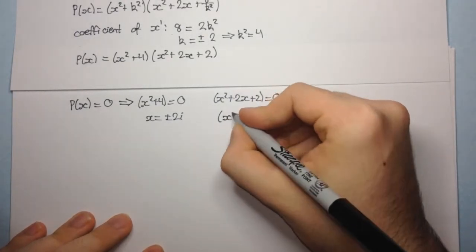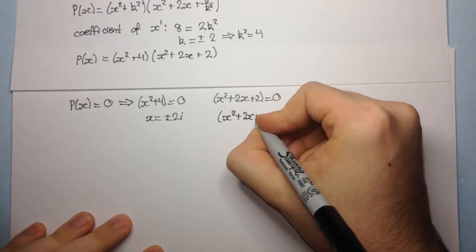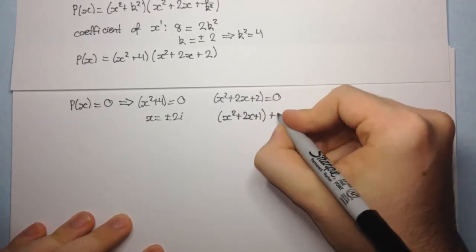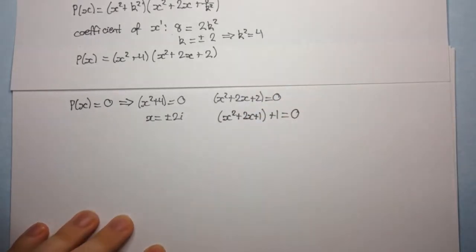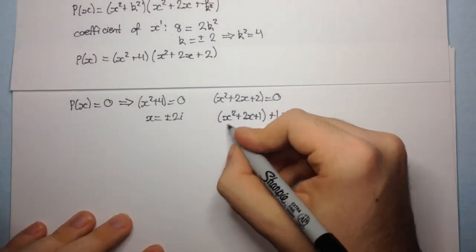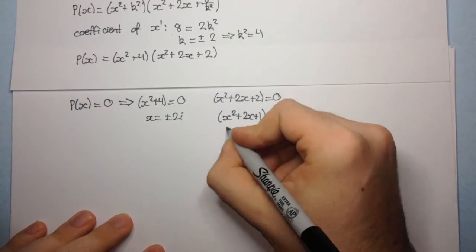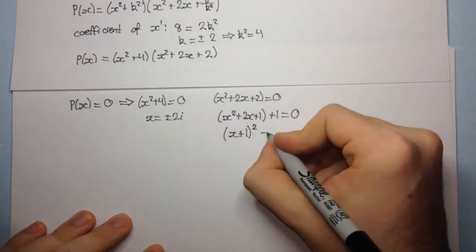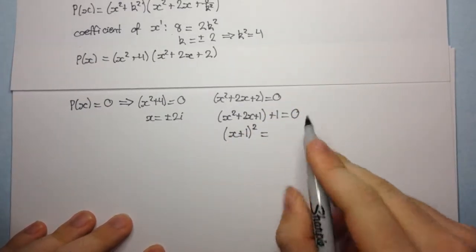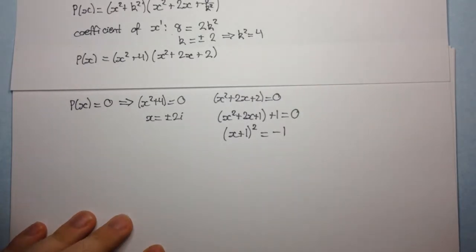So we have x squared plus 2x plus 1, and then plus 1 equals 0. And so this is now a perfect square, so x plus 1 all squared. Now we take the plus 1 here to the other side, that equals minus 1.